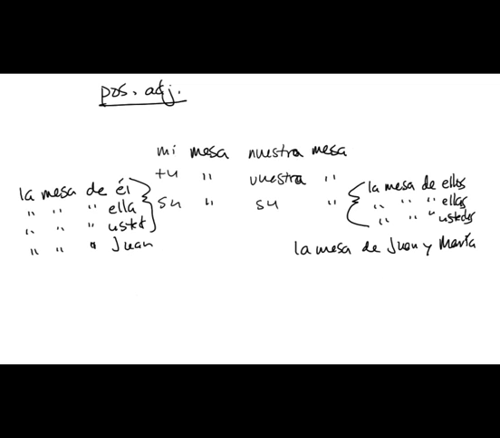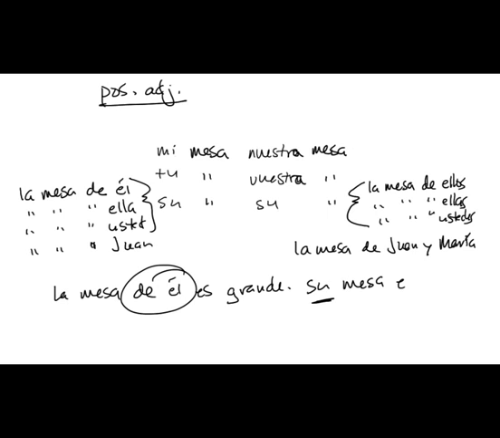Of course, after this has been expressed and you know who the su is referring to, or whose table it is, then you could use su. For example, la mesa de él es grande. Then as you continue to talk about the table, you could say su mesa now, because you know the su is referring to him.